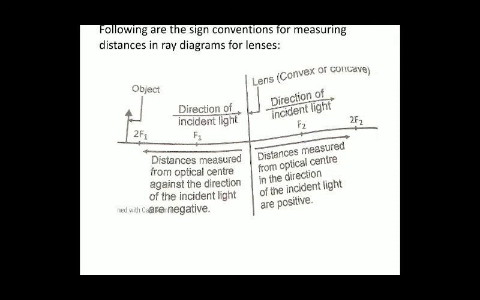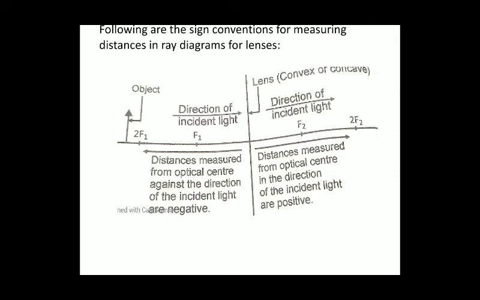Try to observe above and below the F2 and 2F2. Both the lines, arrows are in the same direction, and that's why these distances are taken as positive. Third convention: distances measured from the optical center against the direction of the incident light are taken as negative.